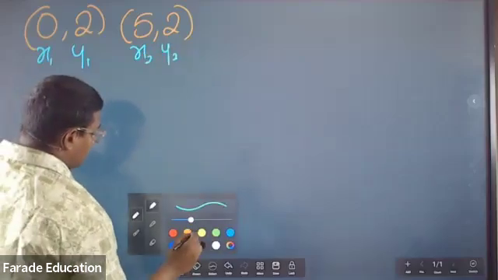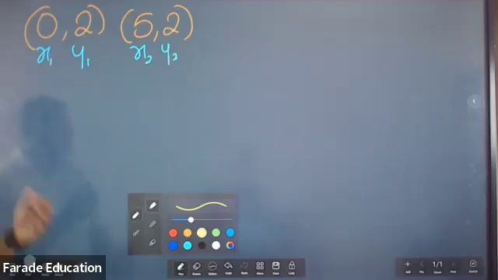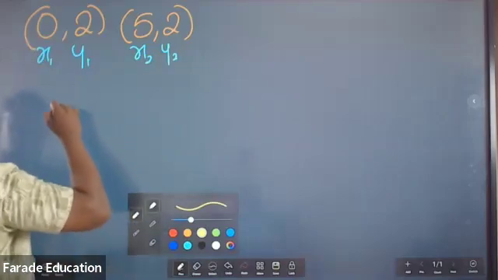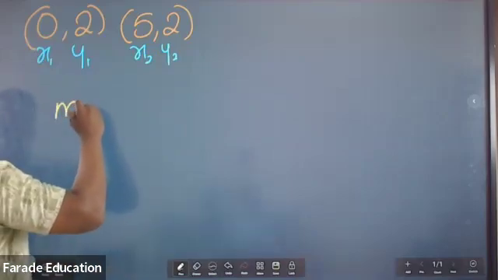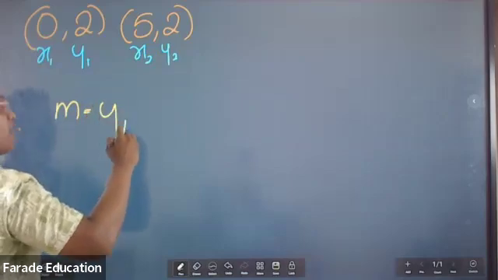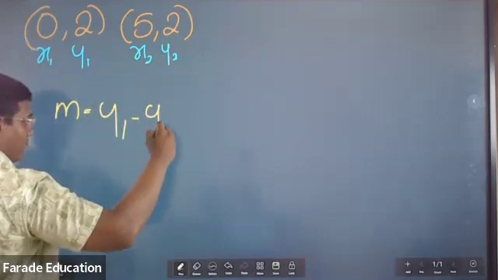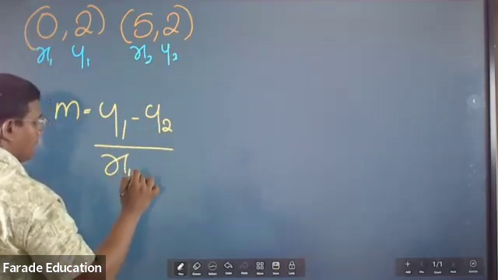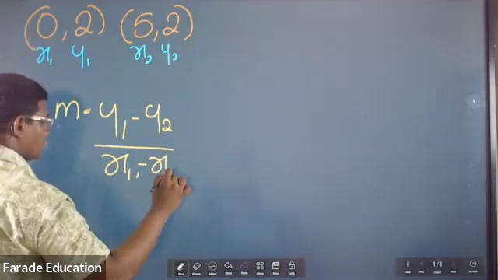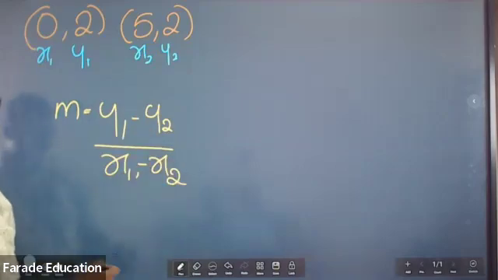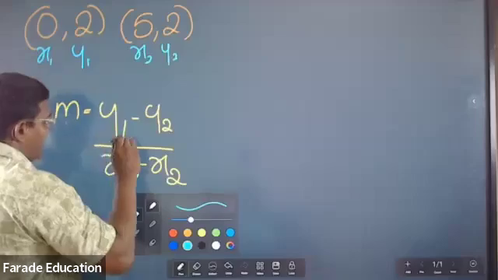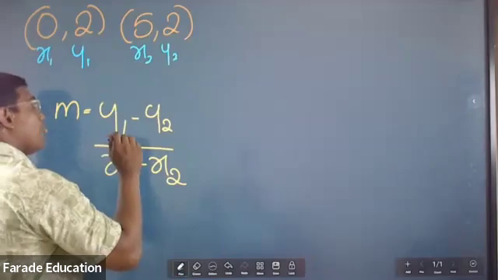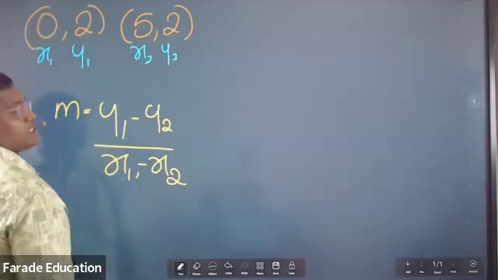To find the gradient, when 2 points are given, we know a certain equation that we derived. That is, the gradient equals y1 minus y2 divided by x1 minus x2. If you have y1 first, here should be x1. If you have y2 first, here it should be x2.